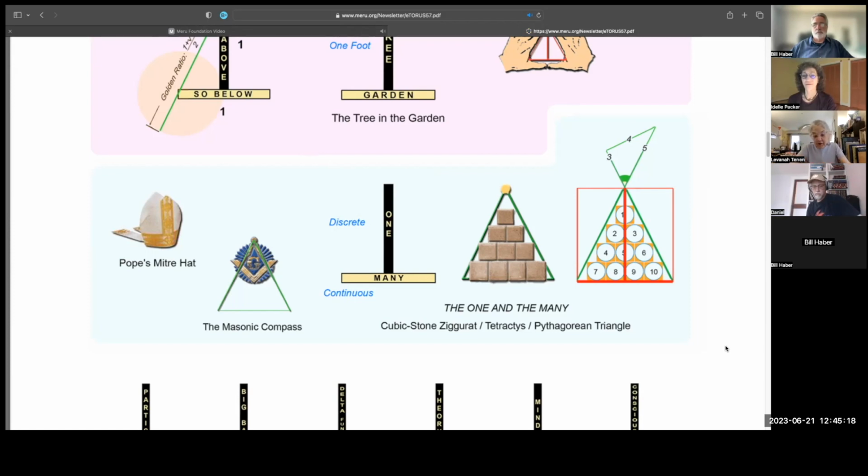And so he was playing around with those, and he discovered that when he stacked 10 cubes together and then connected them, as you see in that triangle that's above the words the one and the many, the angles of that triangle actually formed the inverted T triangle. So that, in a sense, brings in a reference to the ziggurats, which were pyramids formed with cubic steps on them.